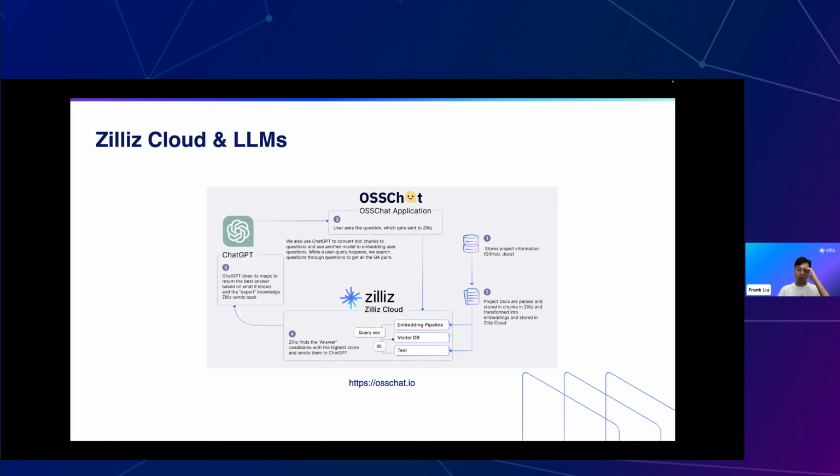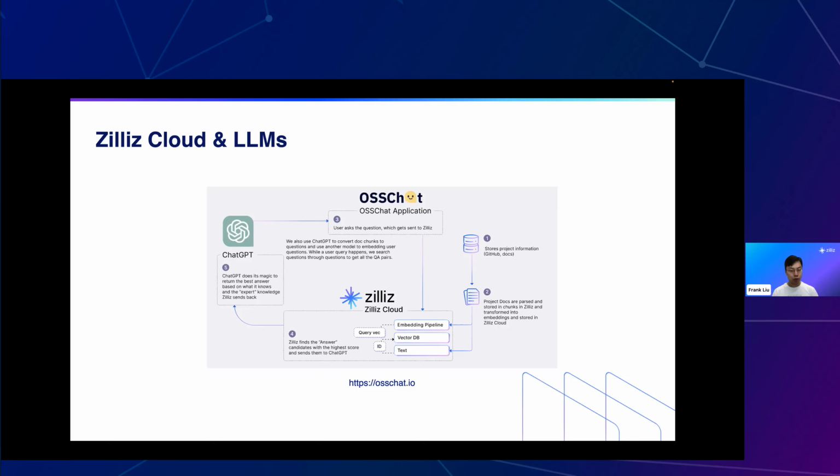If we go through the architecture here, you'll see that on the right-hand side, I have these project documents that are embedded and stored inside of Zilliz Cloud. Now, when a person using the OSS Chat application asks a question, that data gets sent to Zilliz first, right?